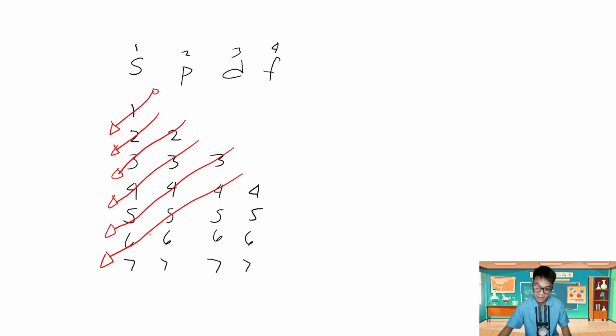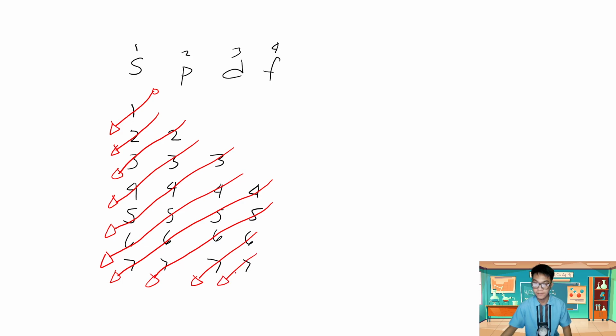I'll explain later why we have to do this. And then 4, 5, 6, 7. And always make sure that you're starting on the right and you end the arrow on the left. And then 5, 6, 7. Then 6, 7. And lastly, number 7.